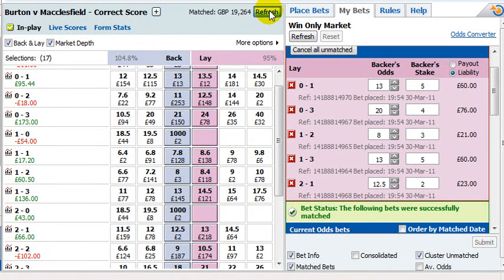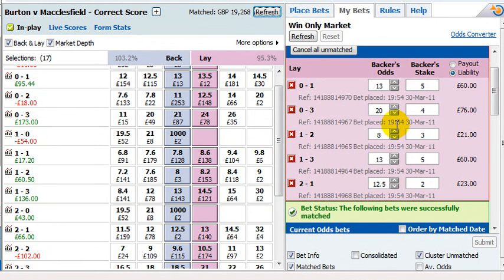Ideally, I would like these to be taken, but it perhaps doesn't look like it's going to happen. I'm frantically clicking on the refresh button there as though that might help, push the backers into taking my price.